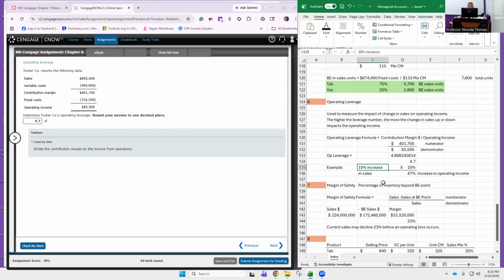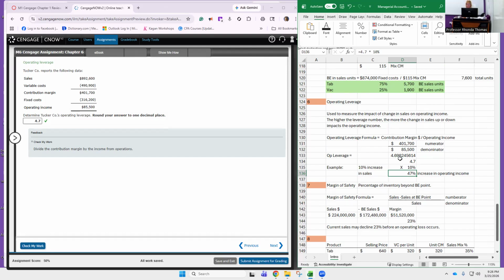So what that means is that, for example, if we had a 10% increase in sales, while sales go up, because the leverage is 4.7, you'd see a 47% increase in operating income. So this becomes a magnifier of whatever is happening, and it can go the other way too.